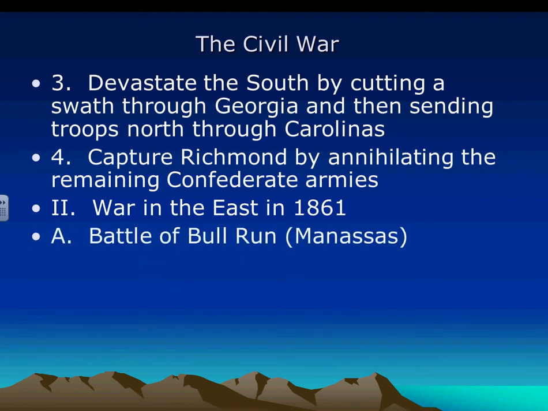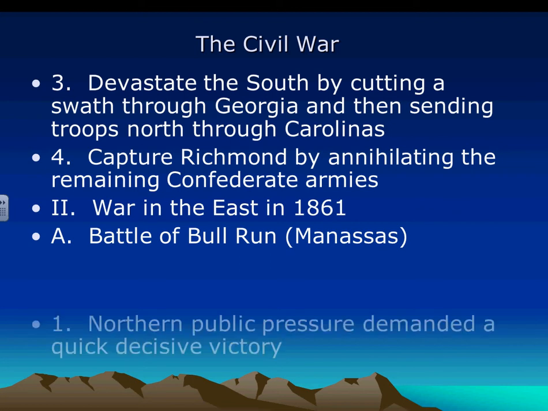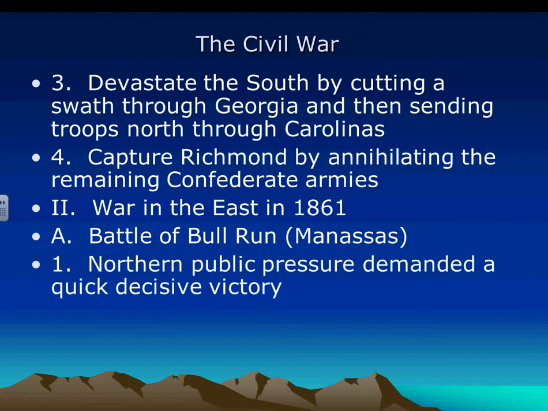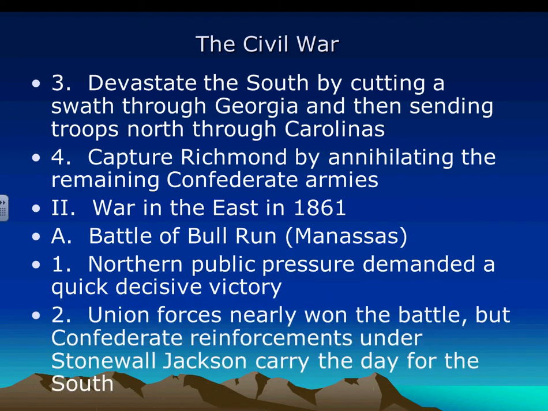Bull Run, which the Confederates called Manassas, was the first battle. It was fought in Virginia. The Northern public will pressure the government for a quick and decisive victory. Union forces nearly won the battle, but the Confederates' reinforcements under Stonewall Jackson will carry the day.